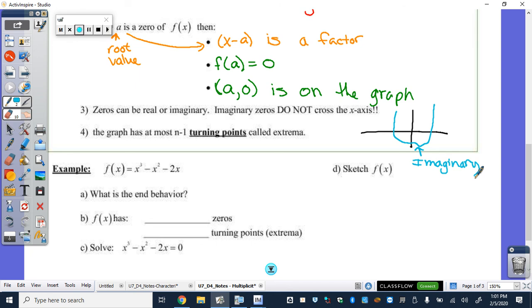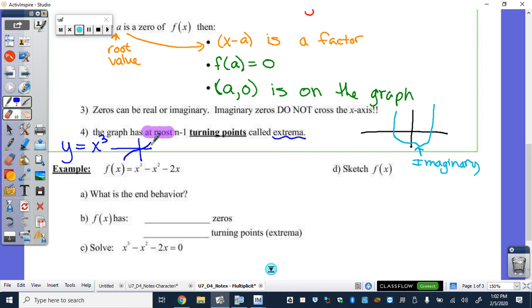So then a graph has at most n minus 1 turning points. So what that means is if you have a degree of 5, you have at most 4 turning points. Those turning points are also referred to as extrema. And I say the phrase at most because let's say, for example, I have the graph of y equals x cubed.